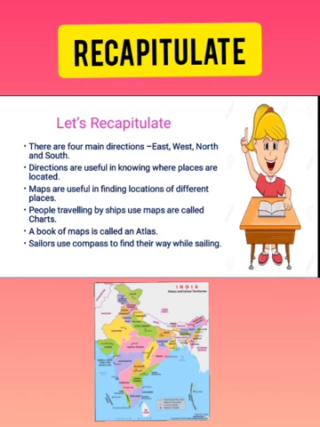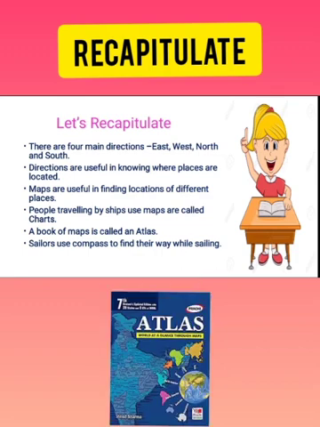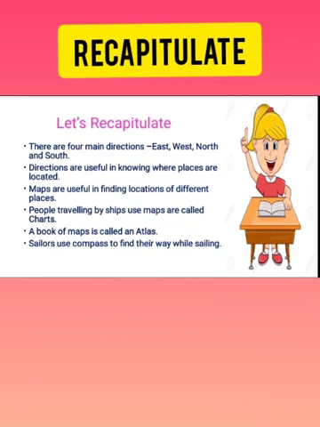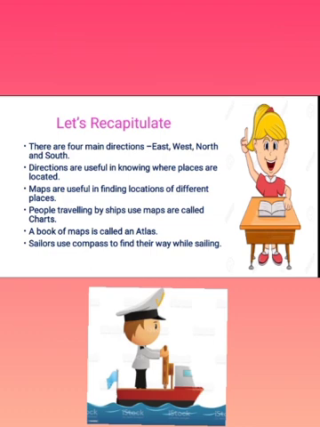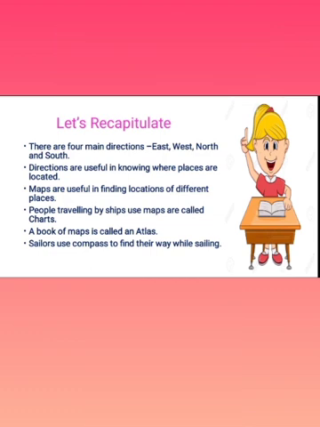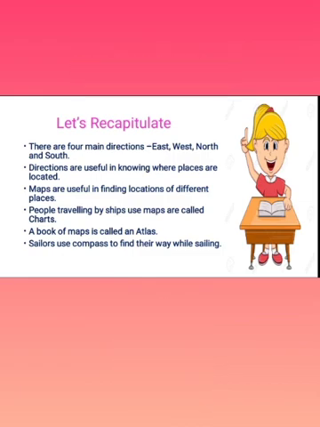Fourth, people traveling by ships use maps called charts. Fifth, a book of maps is called an atlas. Last, sailors use compass to find their way while sailing. So children, this is all about chapter number 12, directions. Just have a look at this chapter.